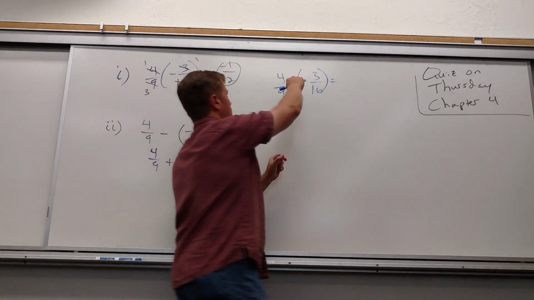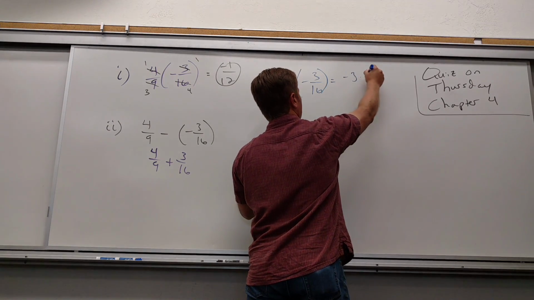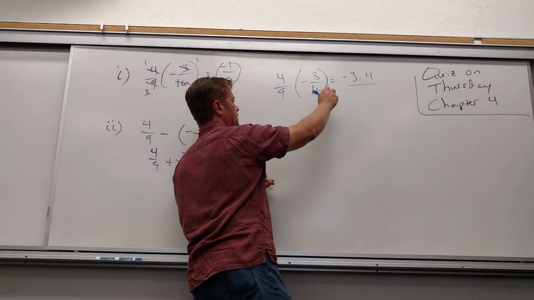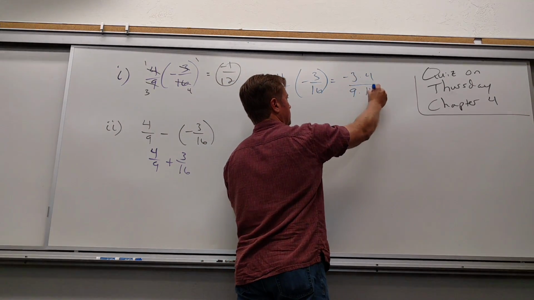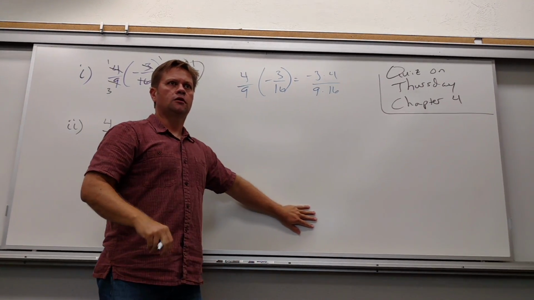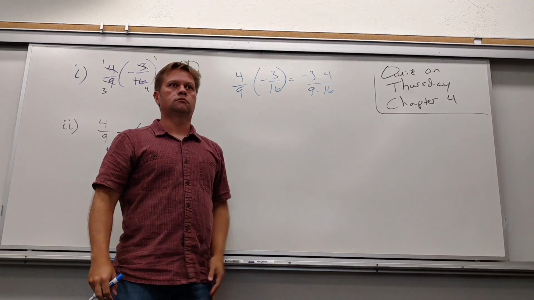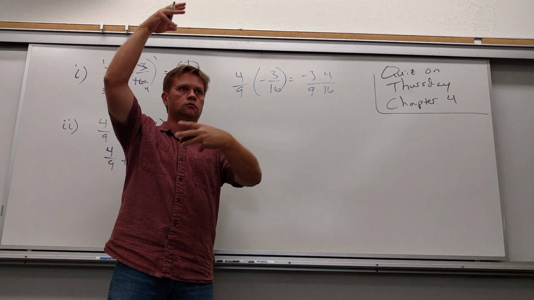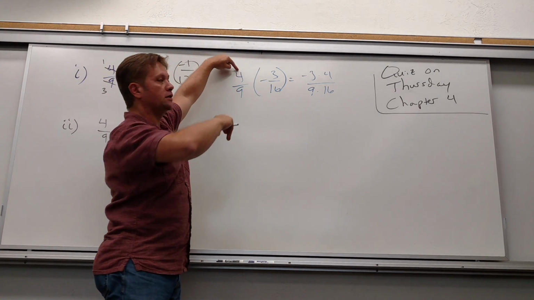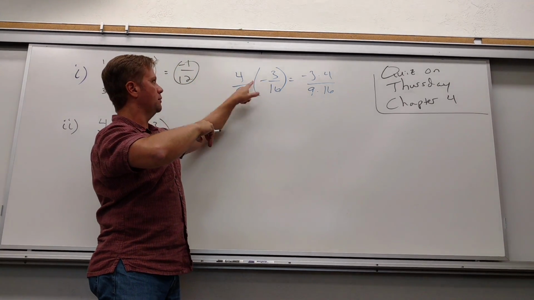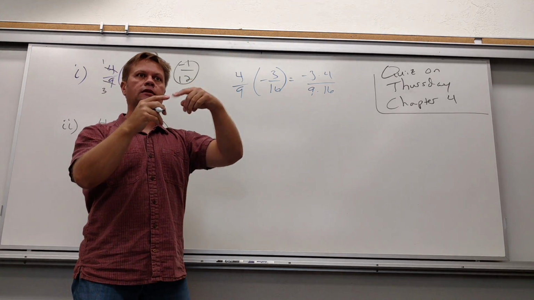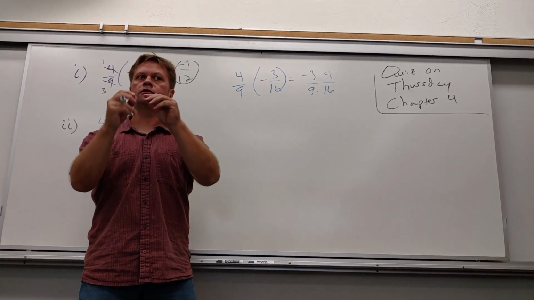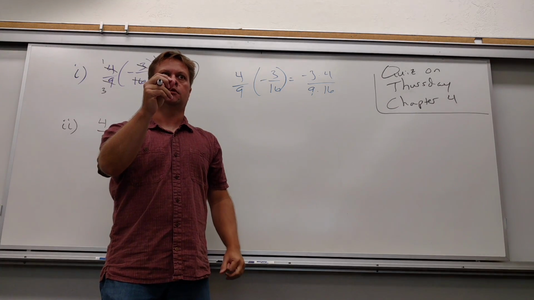Because what is 4 times negative 3? That's right, it's negative 3 times 4. What is 9 times 16? That's right, it's 9 times 16. So aren't the 3 and the 9 on top of each other? So as long as one is on the top, one is on the bottom, and they're multiplying together like that, then they can cancel. I can cancel stuff out because they're opposite operations.